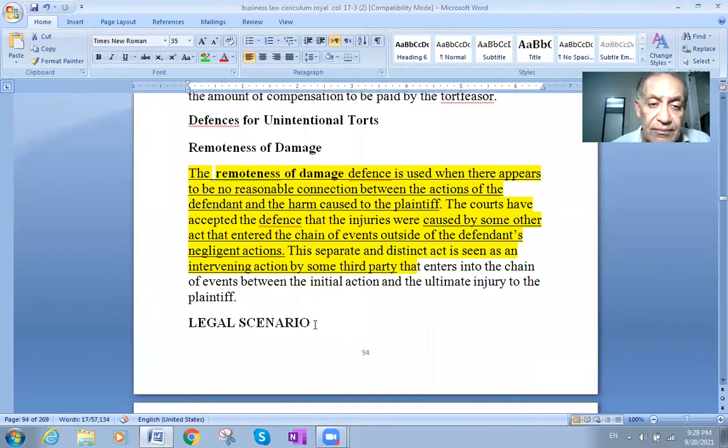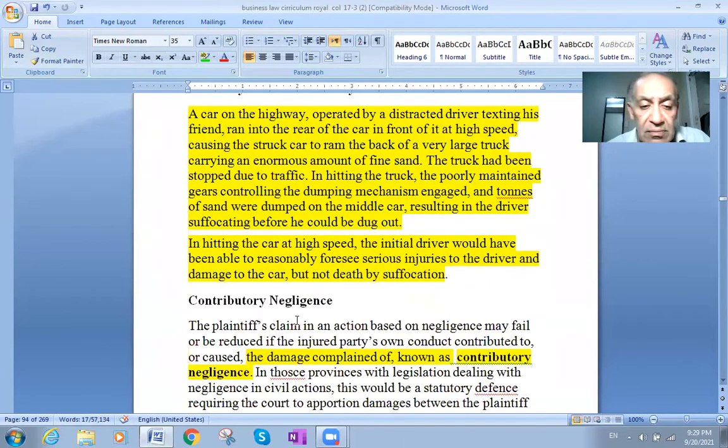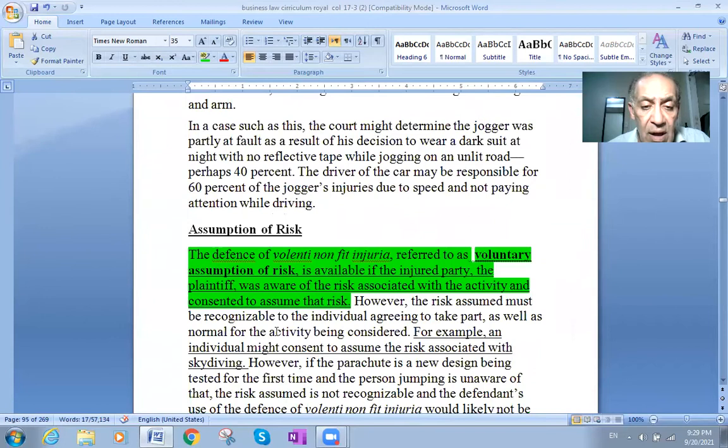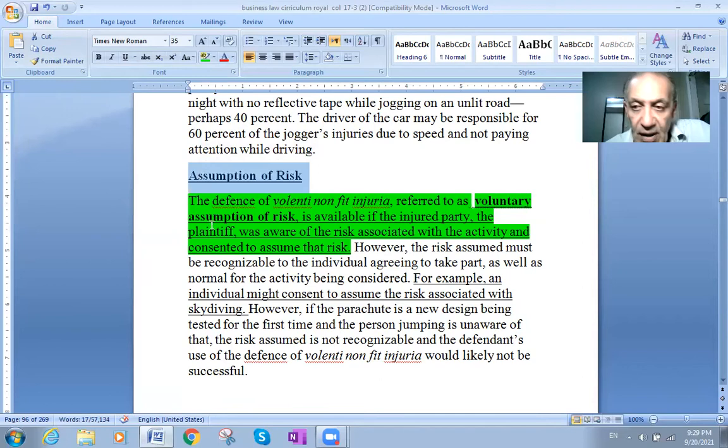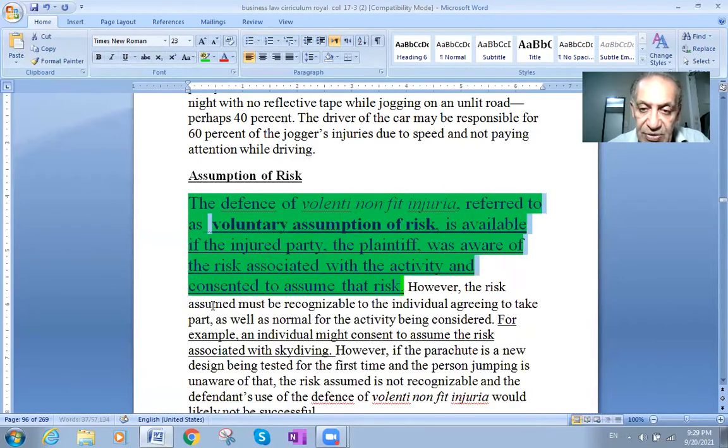Also, there is something we call assumption of risk. What is the assumption of risk?